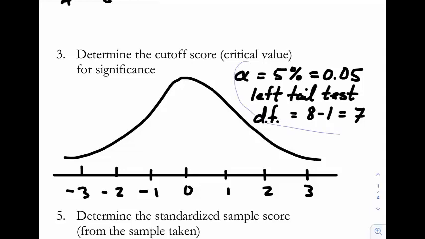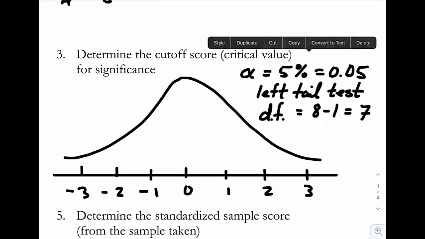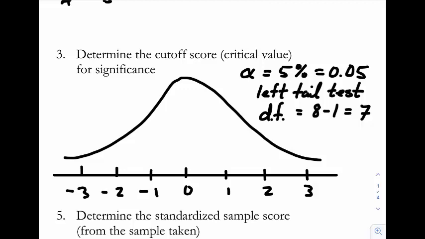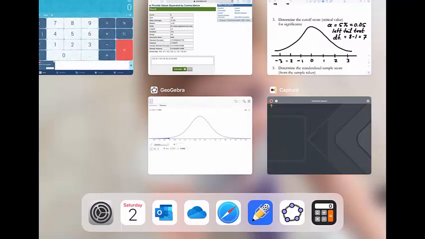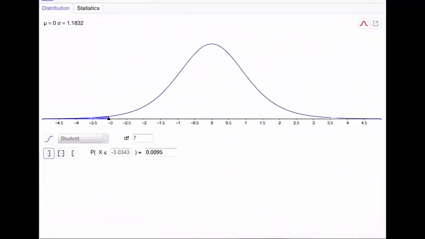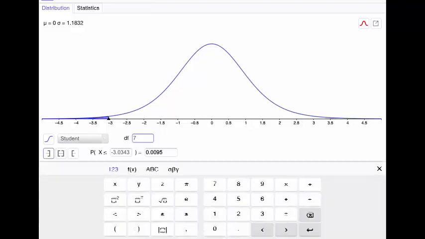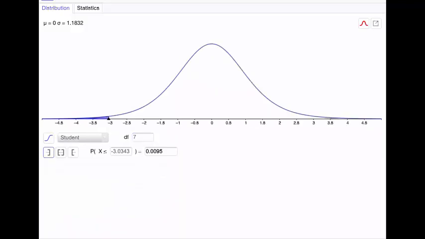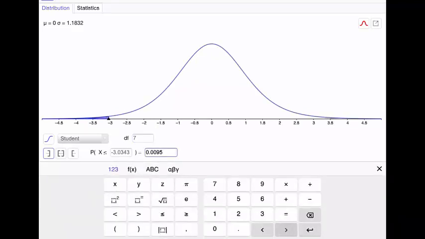So we can combine the 0.05 left tail, the left bracket, with the 7 to find that cutoff score for significance. So let's go back over to GeoGebra to help us do that. So there's our student t-distribution along with 7, already preset here for the left bracket.